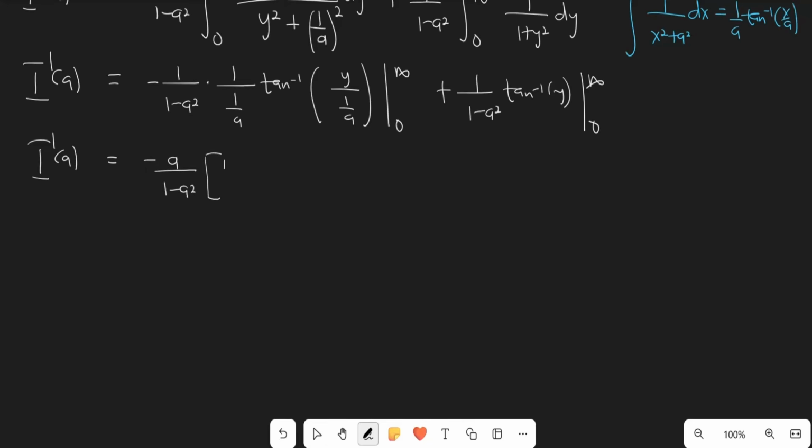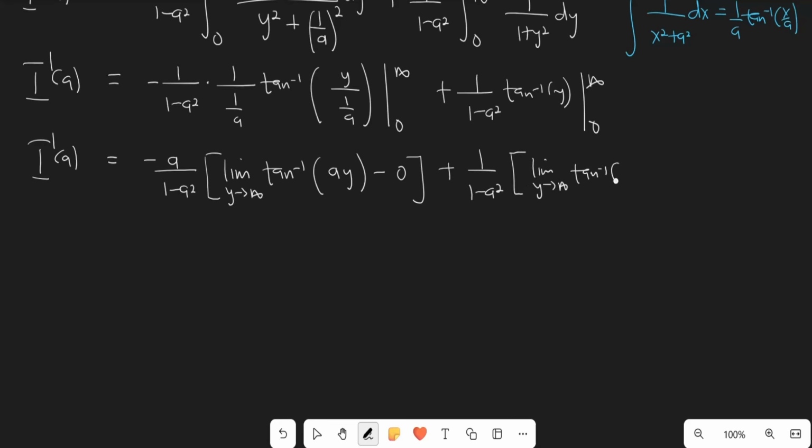So now let's take the limit. The limit as y approaches infinity of the tan inverse of a times y, minus, as y approaches 0, this is going to be 0, and tan inverse of 0 is 0 for the lower limit, plus 1 all over 1 minus a squared, and then the limit as y approaches infinity of the tan inverse of y, and the lower limit is 0 as well.